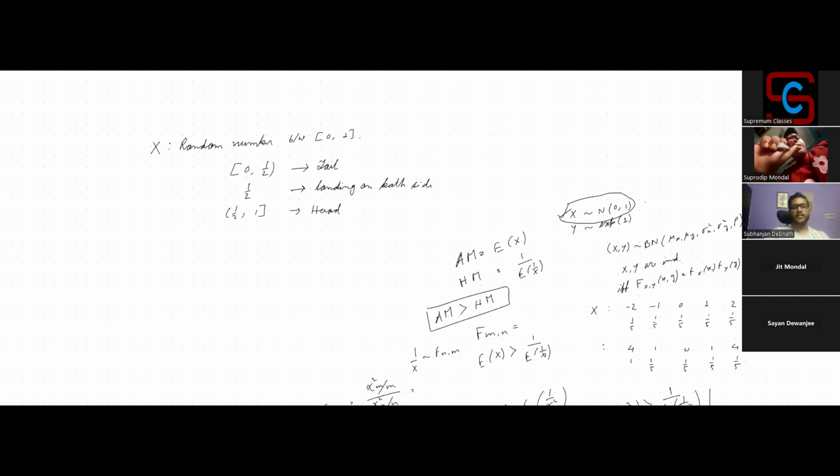Yeah, that's the answer. Not only head or tail; simulation can be done in many ways.